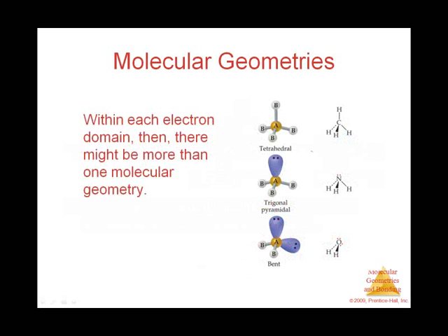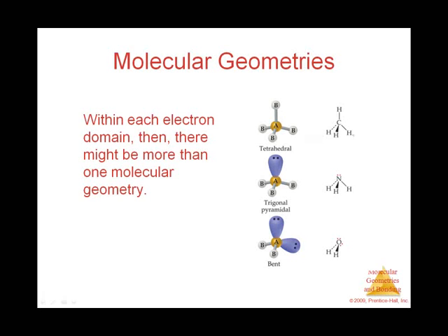So within each electron domain, there might be more than one molecular geometry. So if I have 4 domains around this central atom, the electron geometries are all the same, but the actual shape of the molecule is going to be different based on whether or not these are lone pairs or bonded pairs.